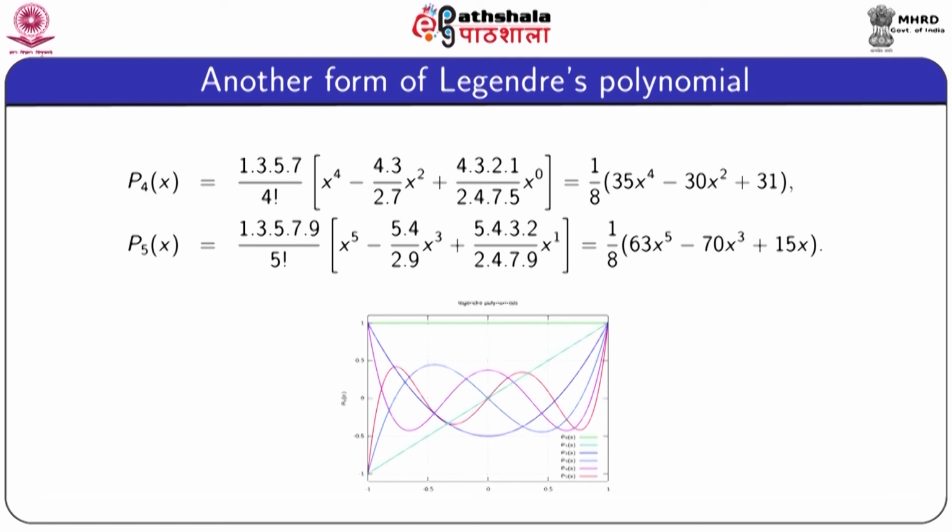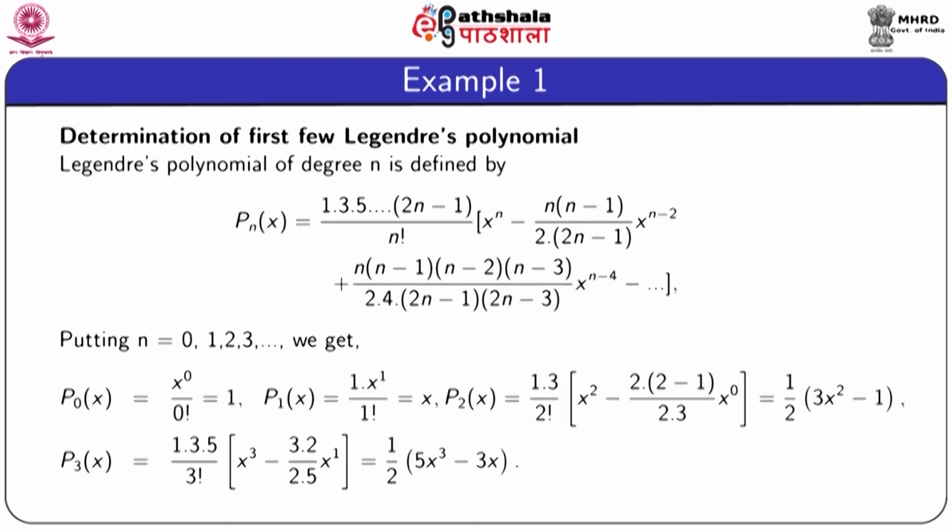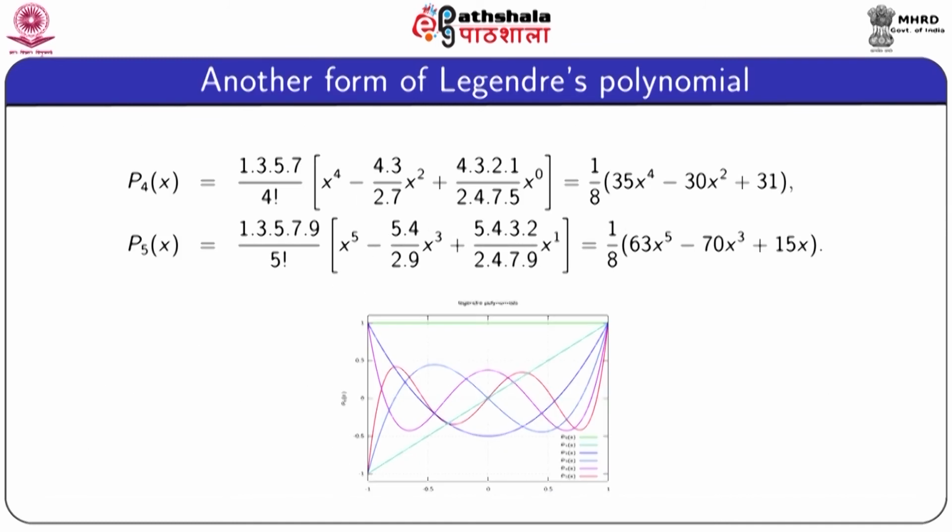For P2(x), which is half of 3x square minus 1, it is nothing but a parabola which is given by this blue line here. Likewise, you can plot for P4(x) and P5(x), and you get the corresponding curves.